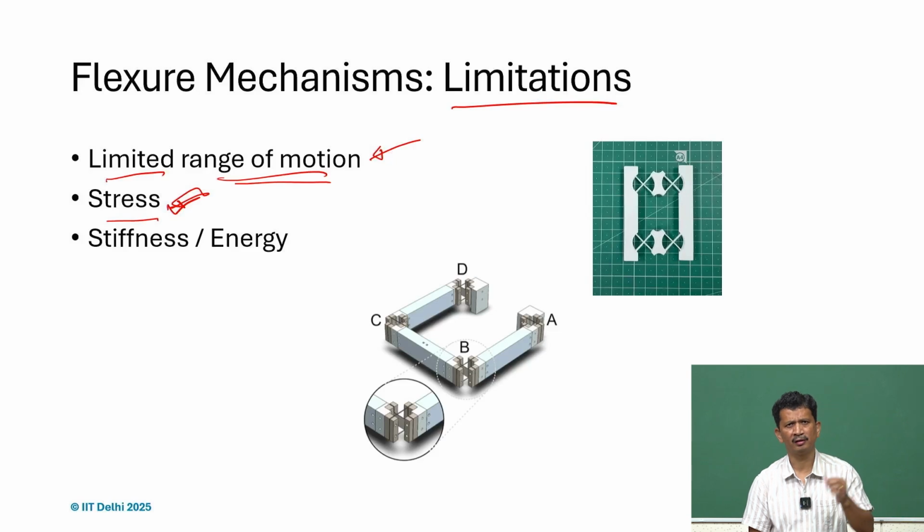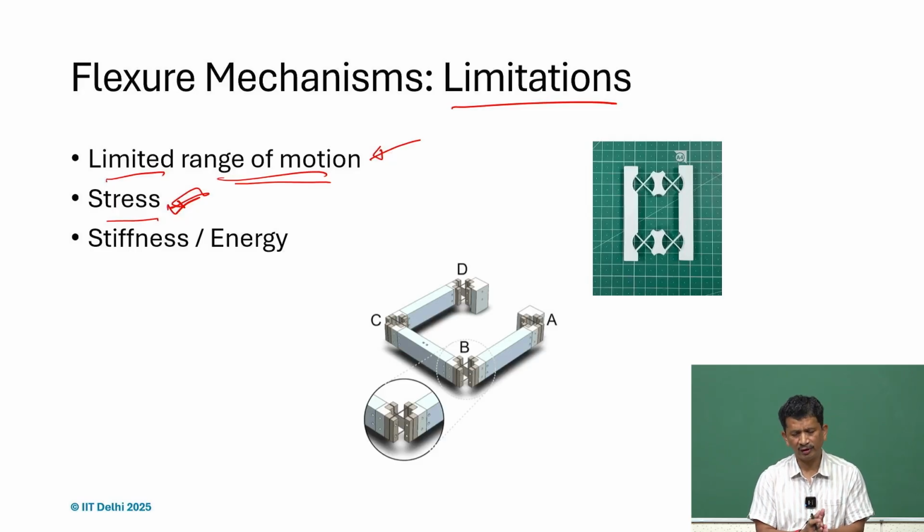We have a very small slenderness ratio, or what we can call a higher slenderness ratio, and abrupt changes in the geometry. So there can be large stress concentrations, and we have to be aware of that. Sometimes it can also be for dynamic application, so we have to be aware of fatigue loading or fatigue stresses.